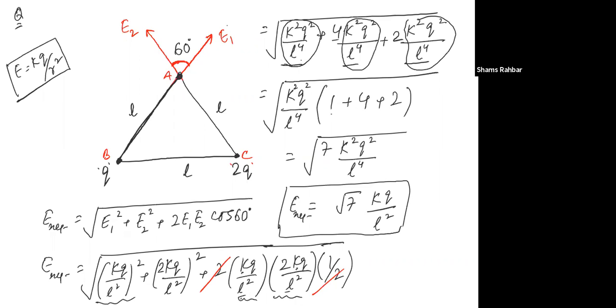So what are the steps to find the net electric field at a point due to any given number of charges?